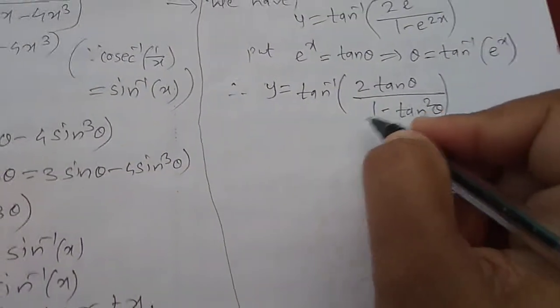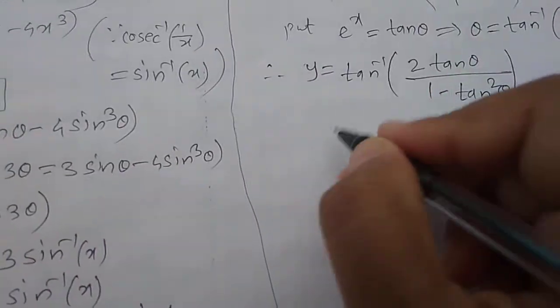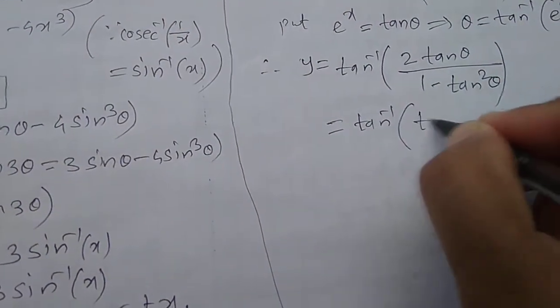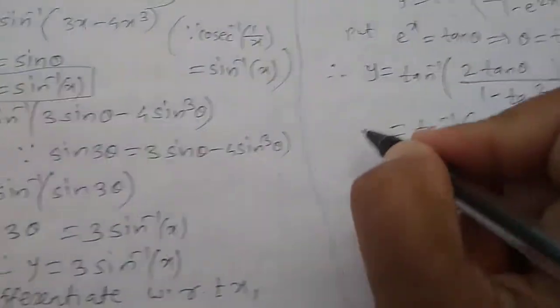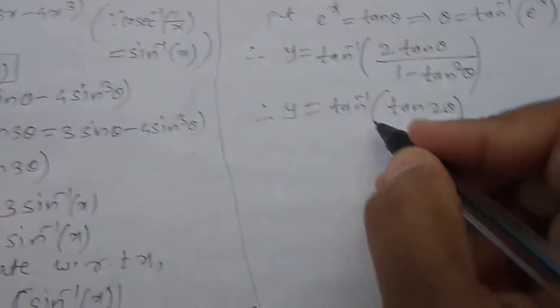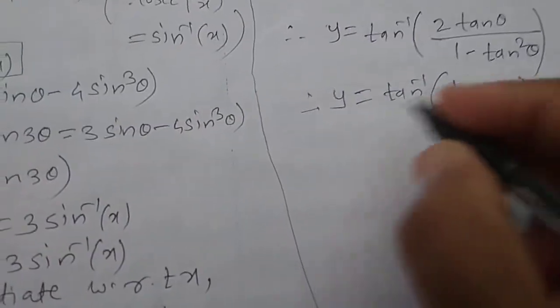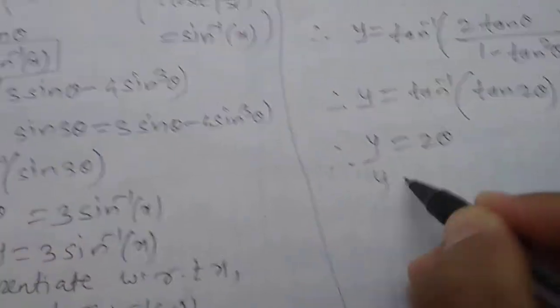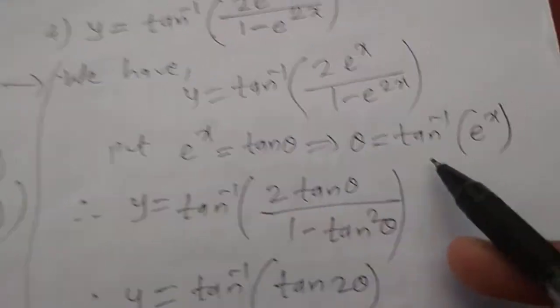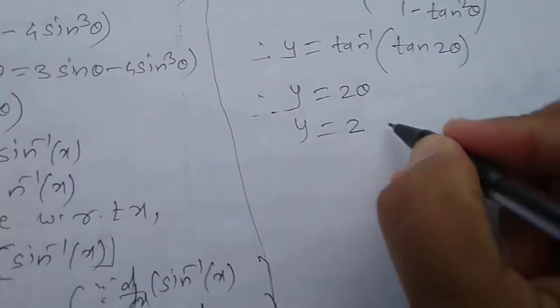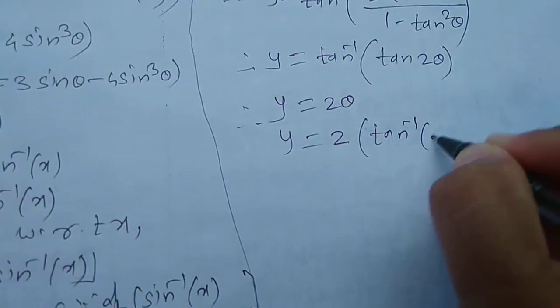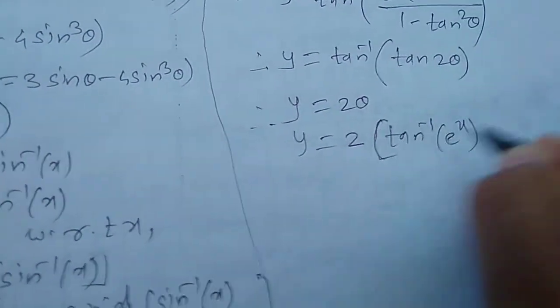But we know that the formula 2 tan theta upon 1 minus tan square theta, that is tan 2 theta, therefore tan inverse of tan 2 theta, and therefore tan inverse of tan get cancelled and we will get 2 theta. But we just found value of theta is equal to tan inverse of e raised to x, so we can put here 2 theta means 2 tan inverse of e raised to x.